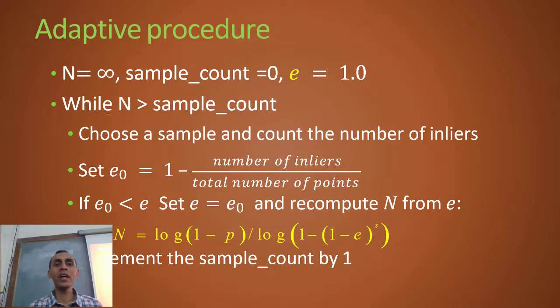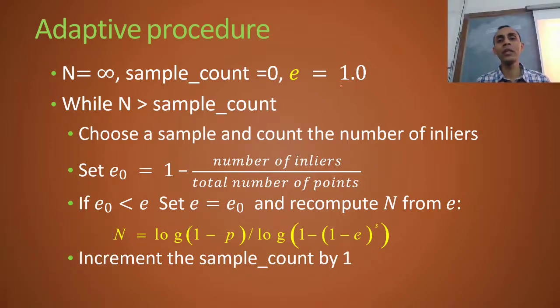So what it says is, you can start with n as high as infinity, or e as high as 1, or maybe you don't need to go there. You can just start with e = 0.5, and probably this will give a value of 100 or 1000. Then start running the algorithm. While you are running the algorithm, you fit a model and find the number of inliers. Now you get an idea of how many inliers there are.